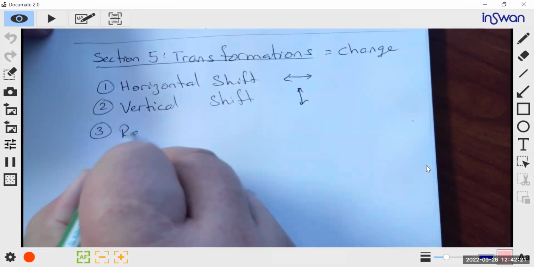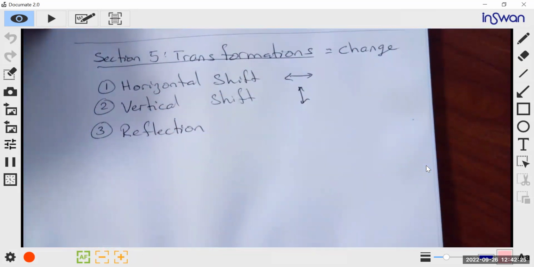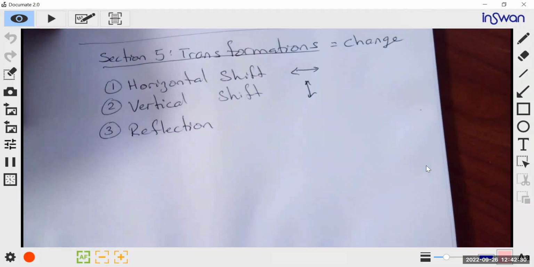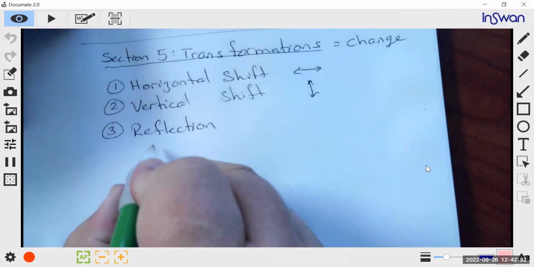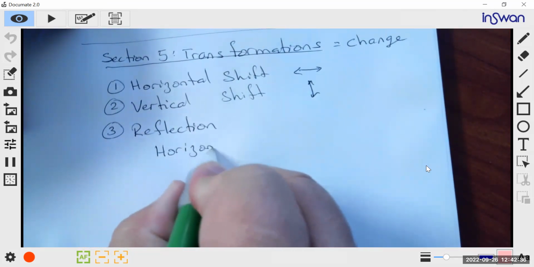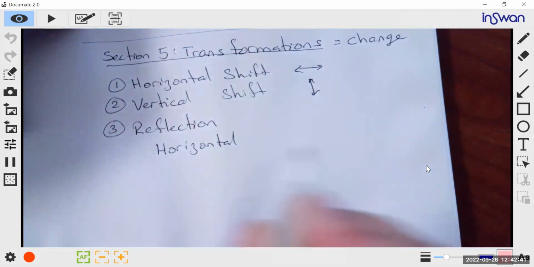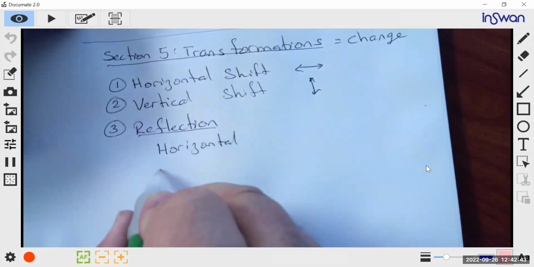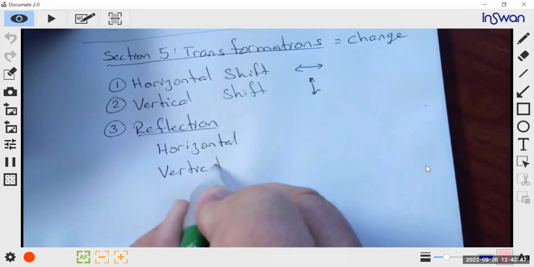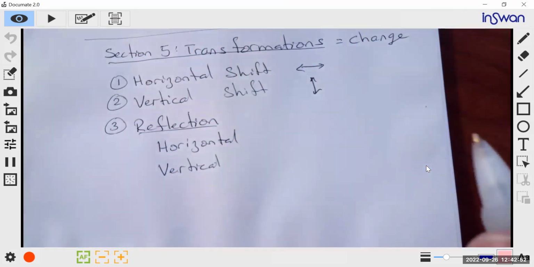We have a reflection. We have 2 types of reflections. We have a horizontal and we have a vertical reflection. It's a mirror image of itself.